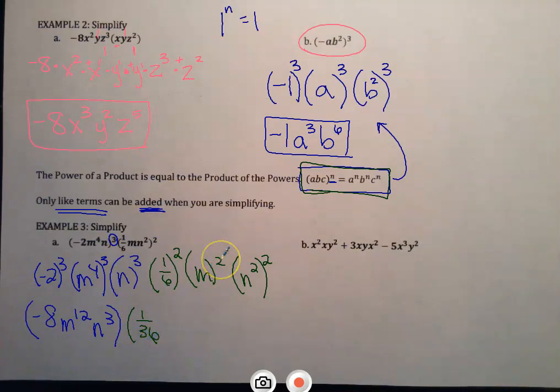Okay, m squared. Okay, Cameron, how about the next one? N squared squared. N to the 4th. What did you do with the exponents? Good. All right. So now we've got that exponent taken care of. How do we simplify further? We haven't done one like this yet.